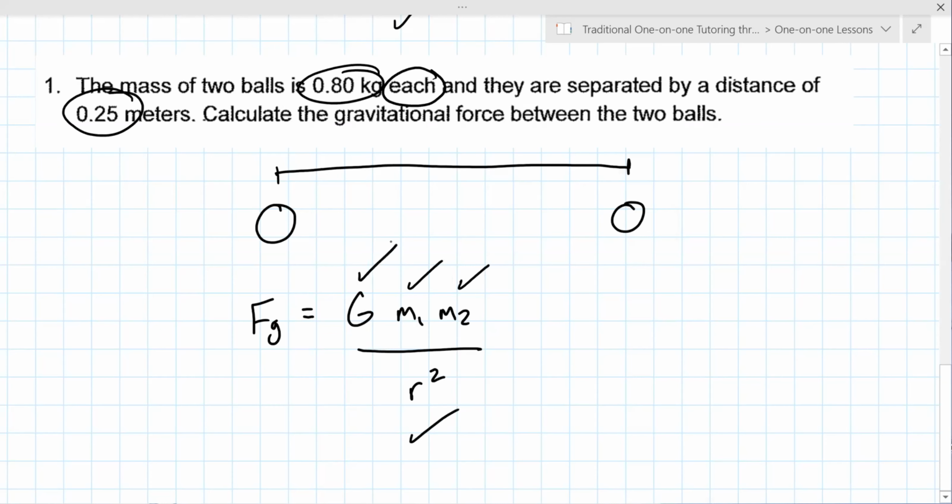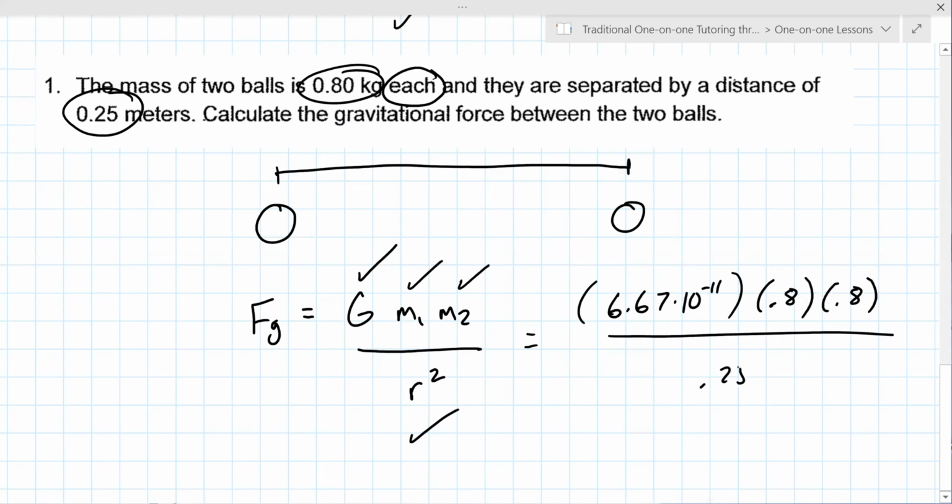Do you have G? G is always 6.67 times 10 to the minus 11. So you actually have everything here. So you're going to multiply by M1, 0.8, M2, 0.8, and R is 0.25 squared. So go ahead and grab your calculator and see if you can come up with the right value. I'm going to calculate it as well.